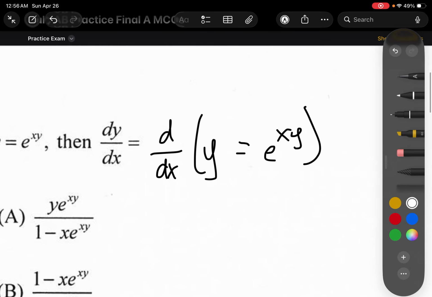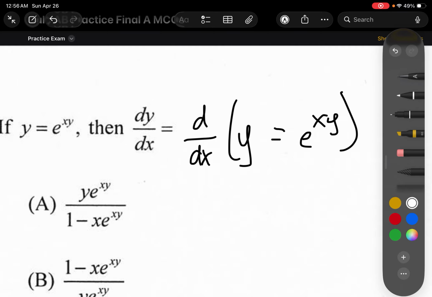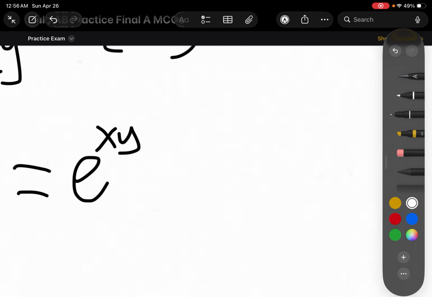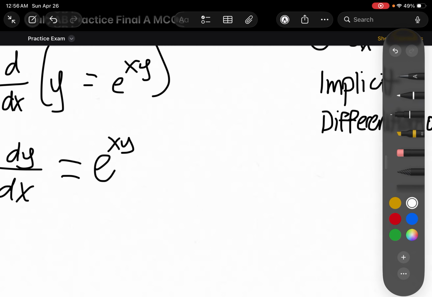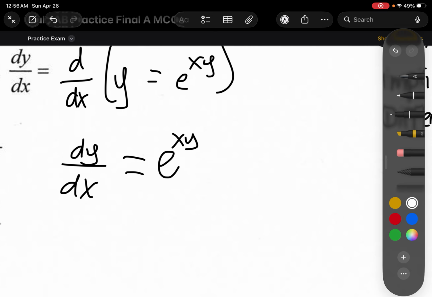All right. The derivative of y with respect to x is dy/dx, equals e to the xy, but we're going to multiply by the derivative of the exponent according to chain rule. So it's going to be right times d left plus left d right. What's the derivative of y?